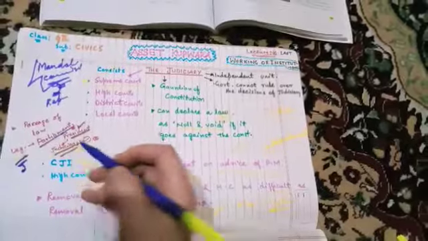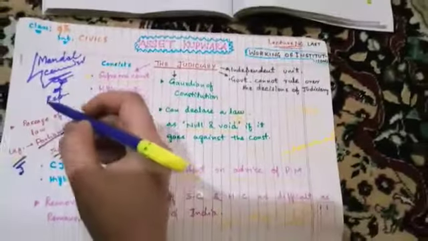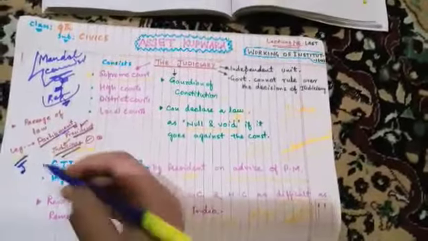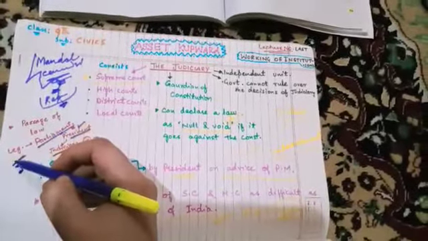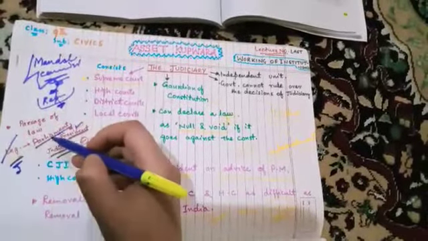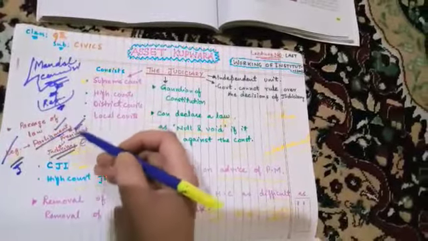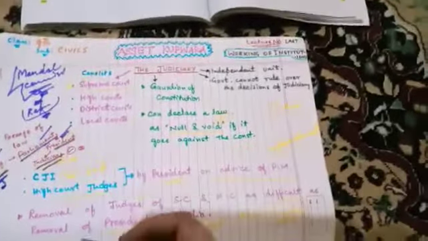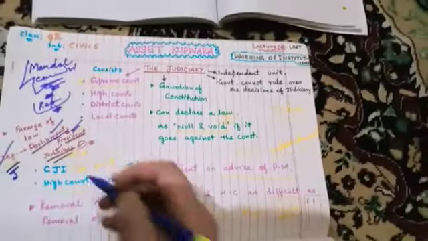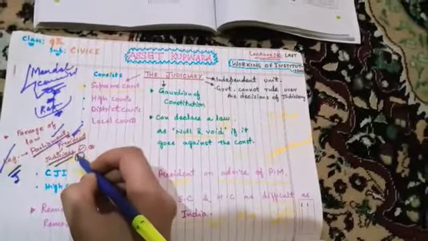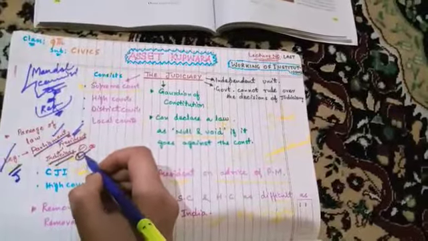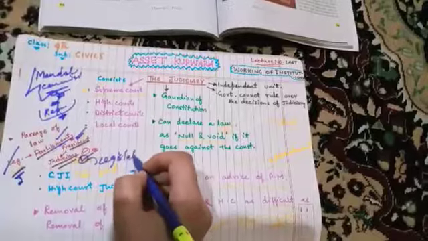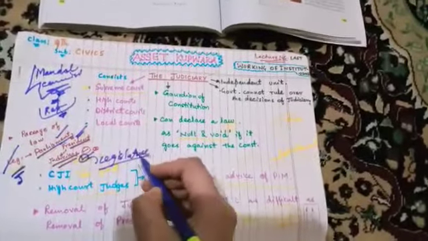Then at last, when the judiciary found something wrong in it, it did not approve it, and it suggested to the legislature and the government to make some changes in this bill.